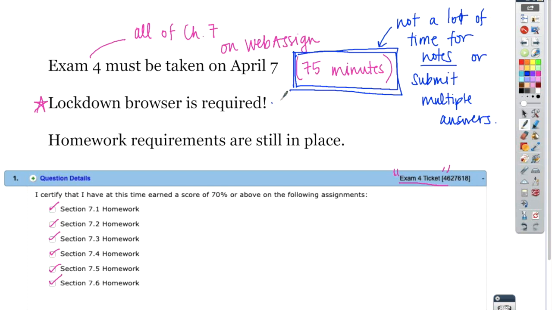This is just my suggestion, but just keep in mind you are still managing your time for those 75 minutes. If you have any questions about this, please don't hesitate to email me.